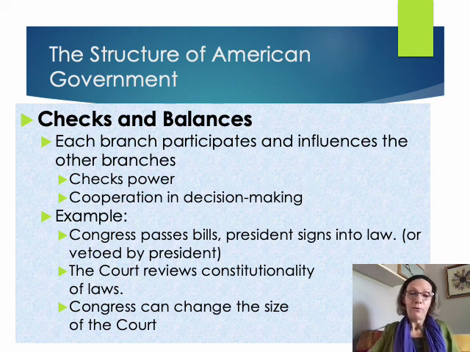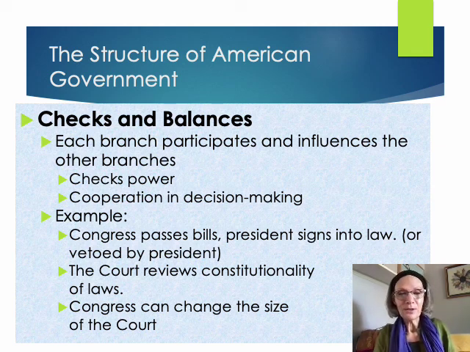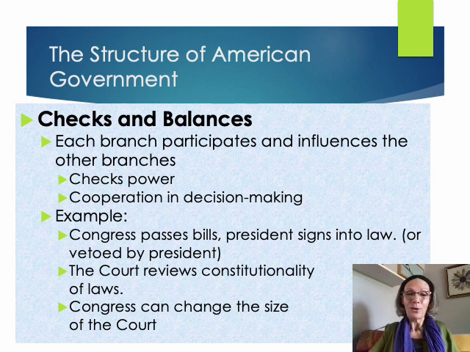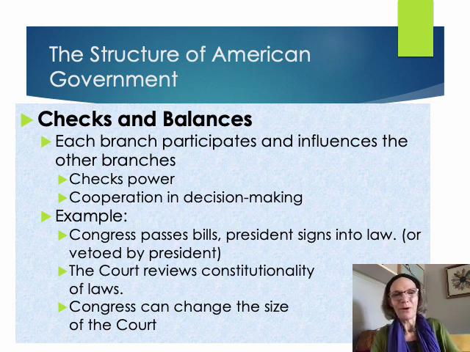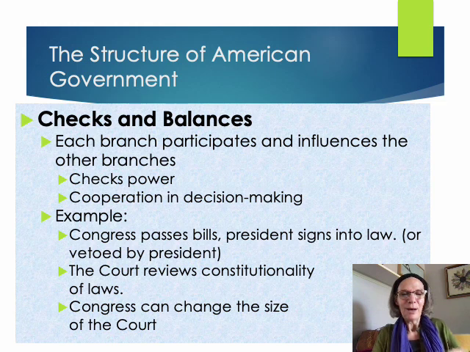And then, if you feel like the court's not doing a great job in terms of finding laws to be constitutional or unconstitutional, you can change the size of the court. And Congress is the one who does that. So Congress has some power over increasing or decreasing the size of the Supreme Court in order to keep a check on a potential abuse of power by the Supreme Court. There are many other examples of checks and balances, but these are just a few to rev up your brain to remember some of the stuff that you've learned earlier in your life.